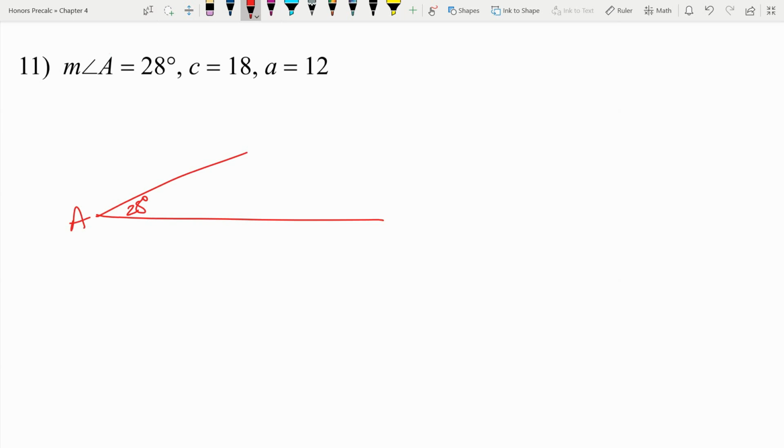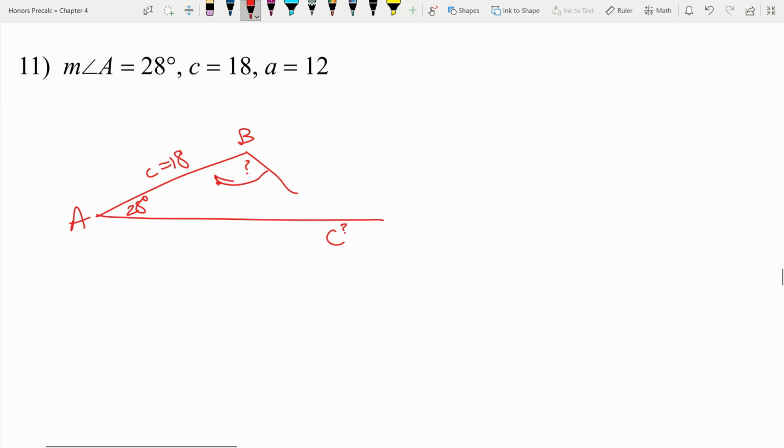Call that angle A. Side A, well, that's the one opposite this, right? So side A over here, and this is our side C, which is 18. So I have some angle C over here someplace, but we don't know exactly where it's at because we don't know what this angle up here is either. This would be our angle B. We don't know that angle. So this thing could be pivoting through here in a couple different ways.